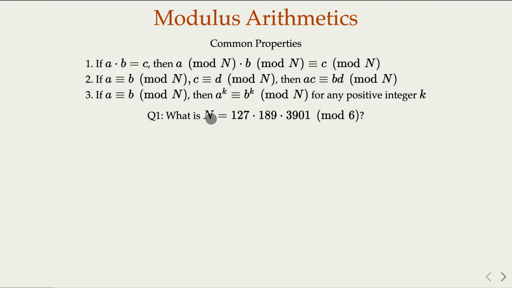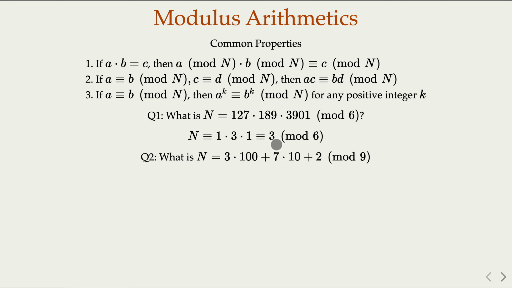Now, for example, if we have this number n, what is its modulus of 6? You don't have to do the multiplication first. You can calculate the modulus first and then do the multiplication later. So what you do is you calculate the individual ones, right? So the value here is going to be 3. Okay? So here, when you try to calculate modulo 9 of this number, this is actually 772.